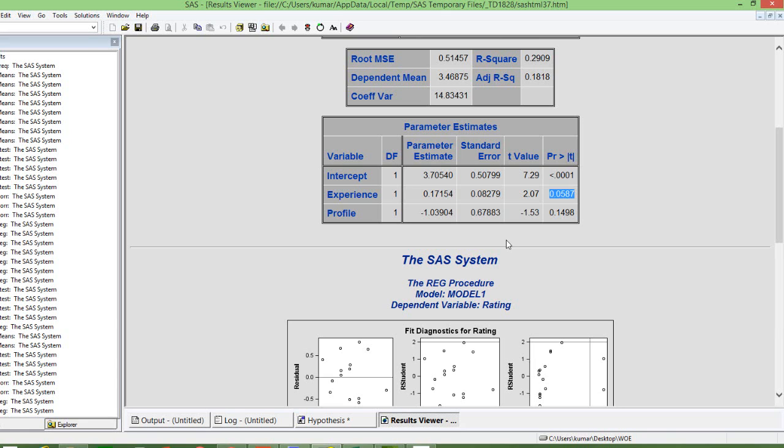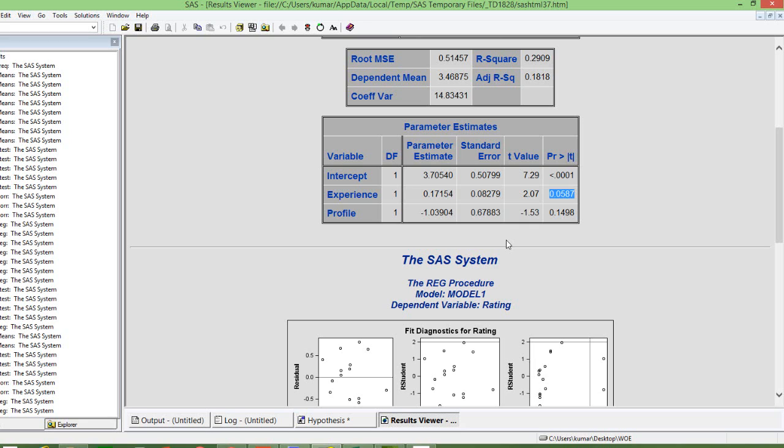And so adding another variable, the variable profile, has improved the coefficient of experience, or has improved the clarity of the relationship between experience and performance rating.